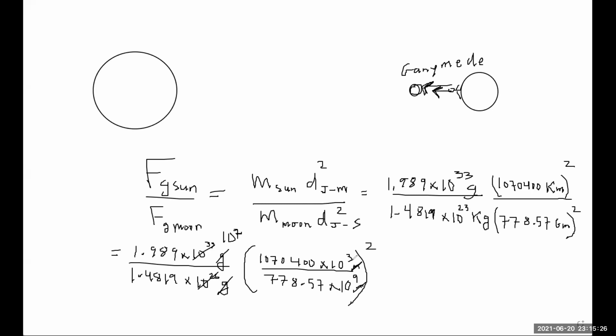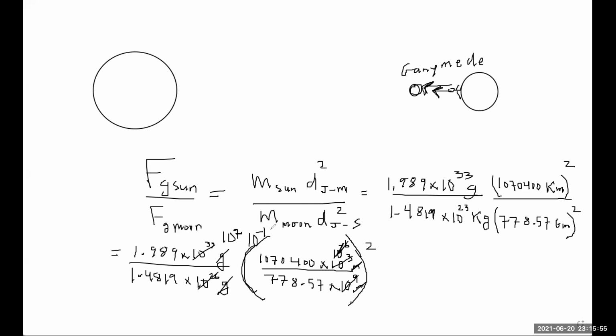You subtract 3 minus 9, you get 10 to the minus 6. But you're squaring that, because it's inside the parentheses. So when you square 10 to the minus 6, you get 10 to the minus 12.